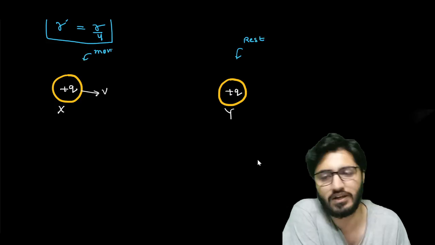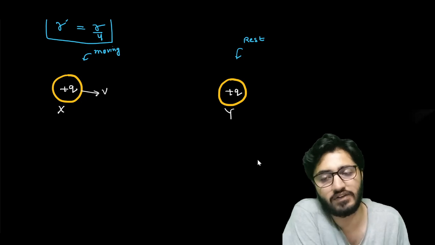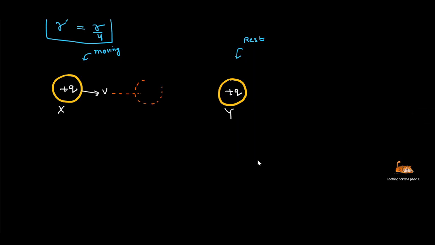When the particle at X gets closer to Y, there will be a force of repulsion between the two plus Q charges. This particle applies an electric force on the other, and that applies a force on this one. The particle at X will go into retardation, because its velocity is in one direction and the force is opposite, so it gets slowed down.